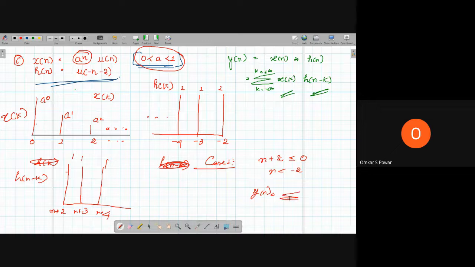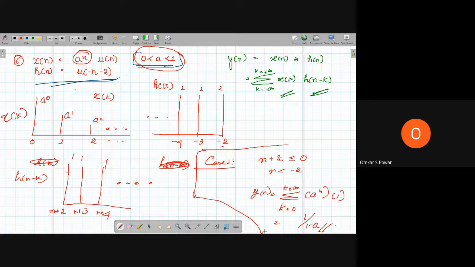Observe here, in the last problem you had your signal on the left side, so there was no overlapping. But here, with n plus 2 less than 0, there is overlapping. So k varies from 0 to infinity, a power k into 1. The sum of a power k is nothing but 1 by 1 minus a, which is your standard formula.